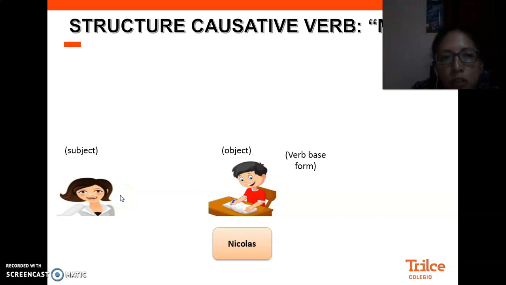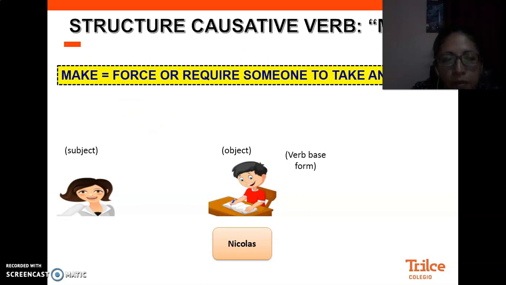Let's move on to another example with the structure causative verb make. Remember that make means to force or require someone to take an action.